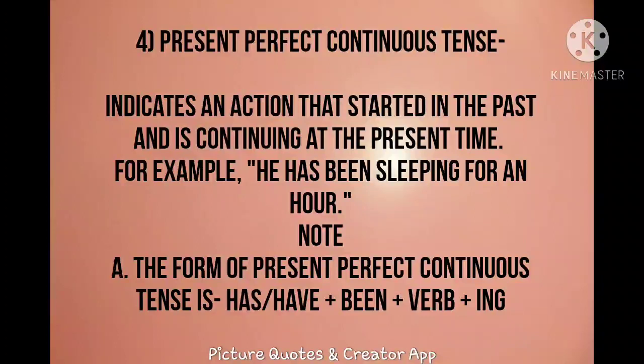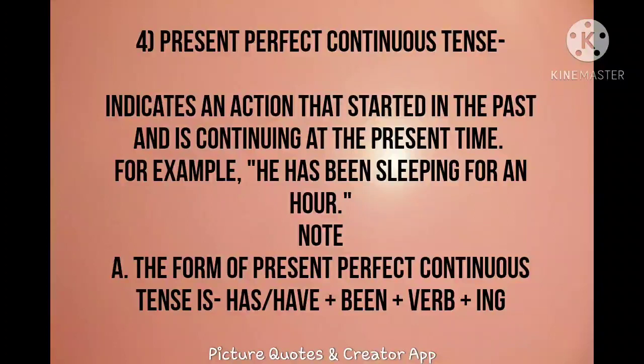Such an action can be said in present perfect continuous tense. For example, he has been sleeping for an hour. So he started sleeping sometime before and is continuing his sleep now. That kind of action can be said in present perfect continuous.